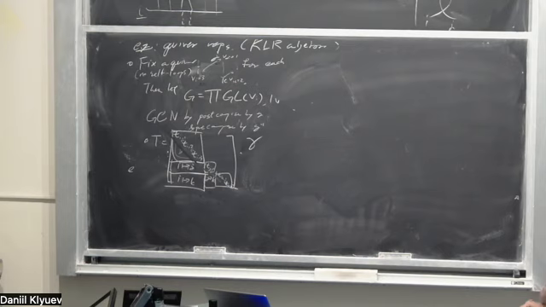Which two, sorry? Yeah, maybe it's a good idea to say that there are three objects. First is the convolution algebra, the sum of homologies, which has a convolution structure.